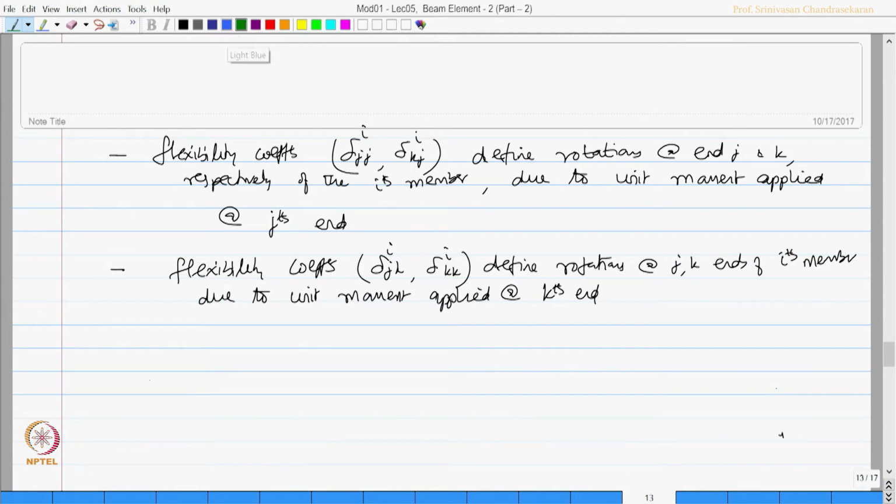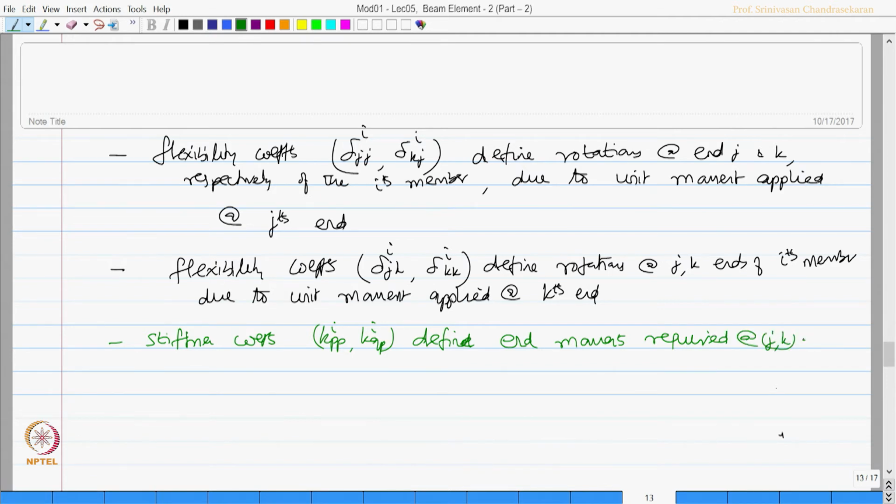Similarly, the stiffness coefficients Kpp and Kqp define end moments that are required at j and k ends to maintain equilibrium when jth end is subjected to unit rotation while kth end is restrained.